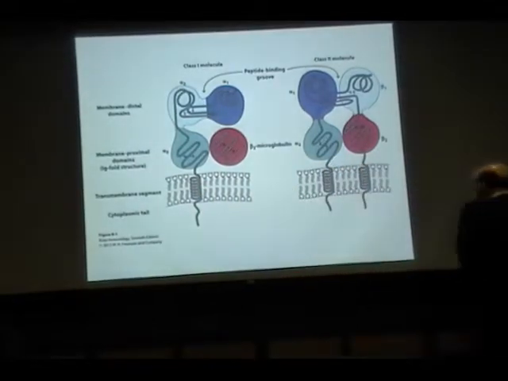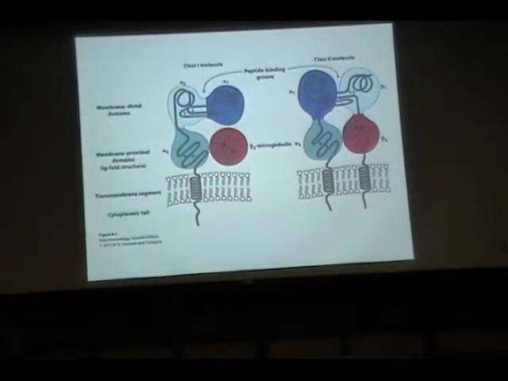The structure of the antigen-presenting molecule, which is this purple, pale blue, greenish, and red, is a little different between class 1 and class 2, but look at the structure. Take a step back and don't worry about who's connected to whom.